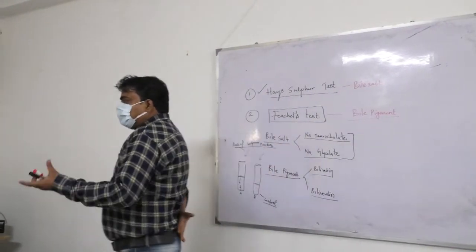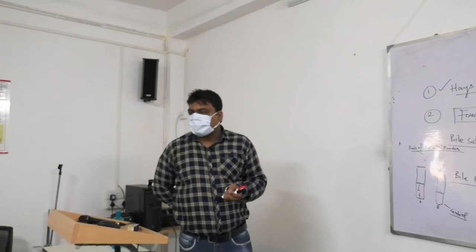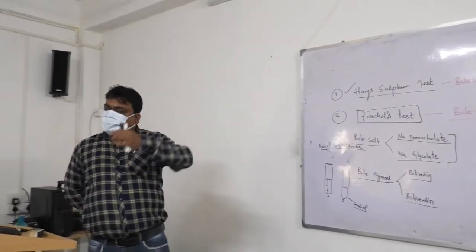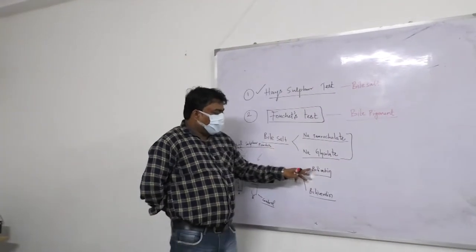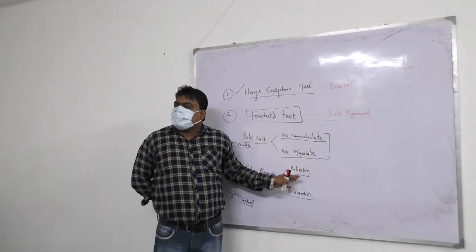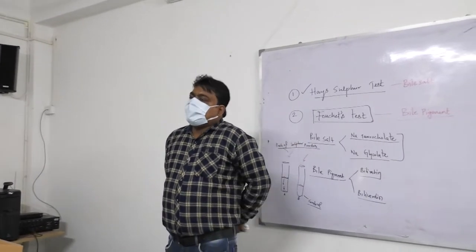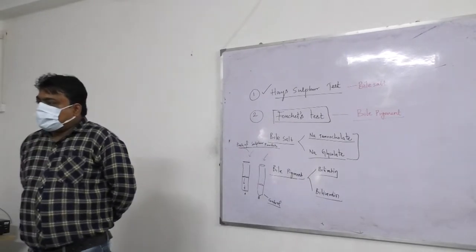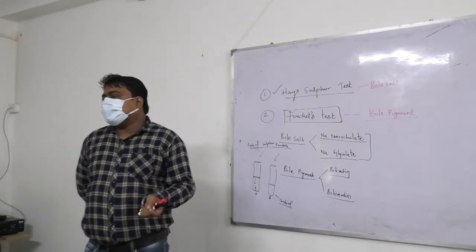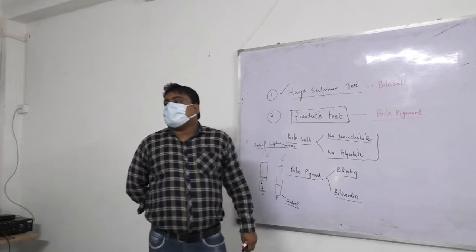You already know how the bile pigments are formed. They are formed by the breakdown of heme molecules, first thing, and during the process of metabolism these bile pigments are formed. But in the case of obstructive jaundice, post-hepatic jaundice, they may be excreted in the urine. Understand? So for identification of post-hepatic obstructive jaundice, we confirm it by this test.